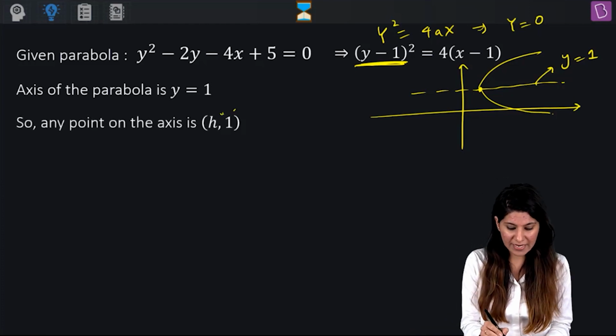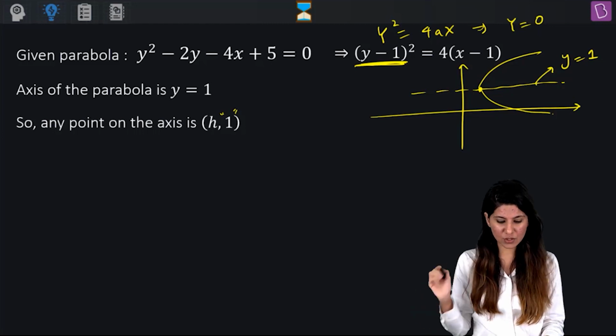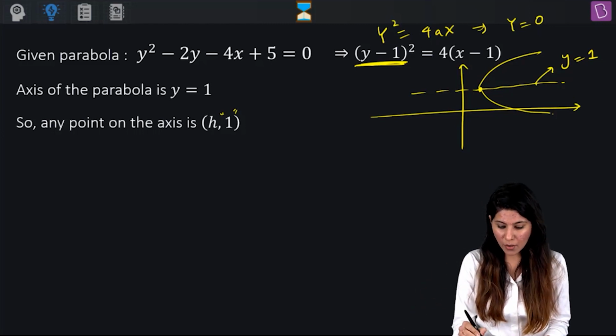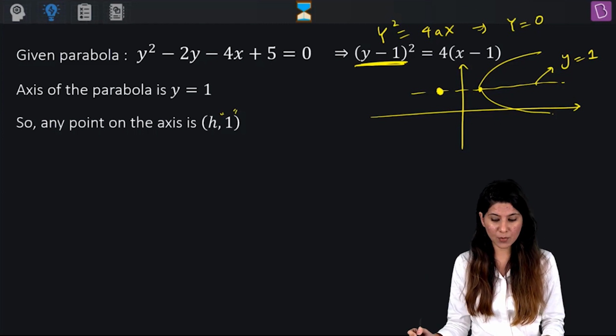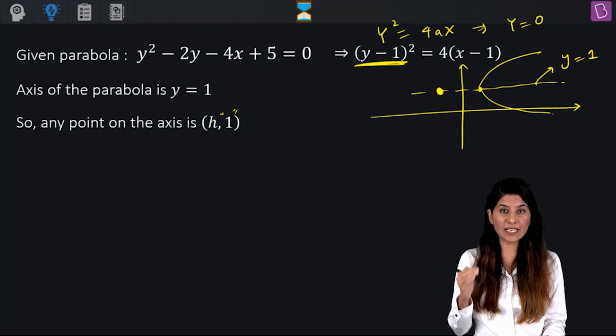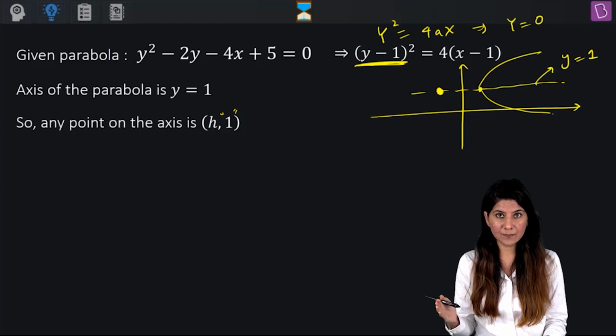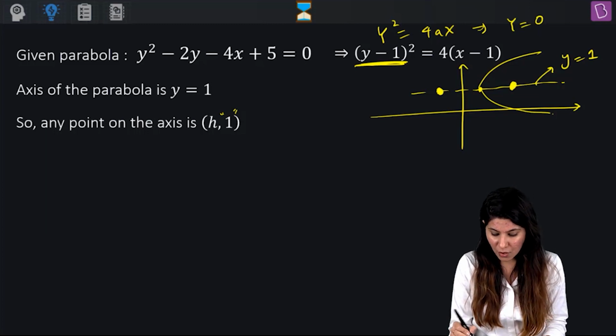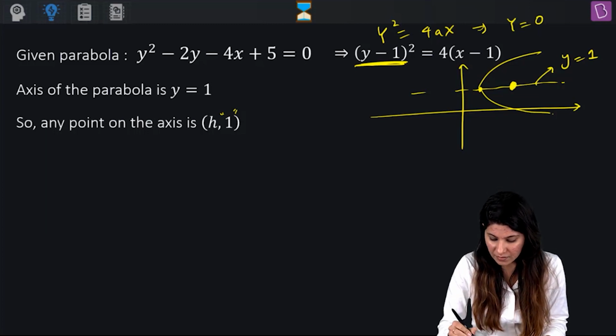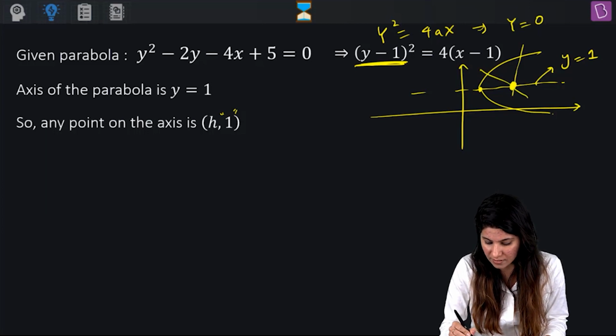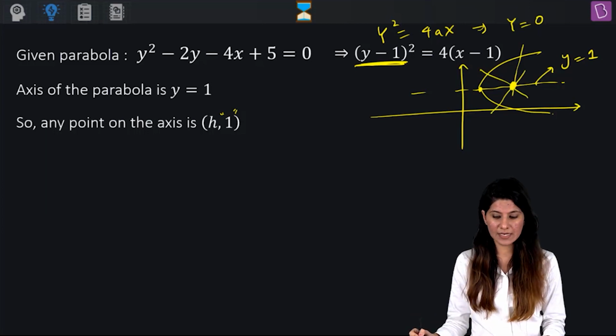The y coordinate will be 1, the x coordinate will be variable, so h comma 1 would be that. And on this axis we need to take one point such that from this point if I draw three normals, all the three normals would be real, right?